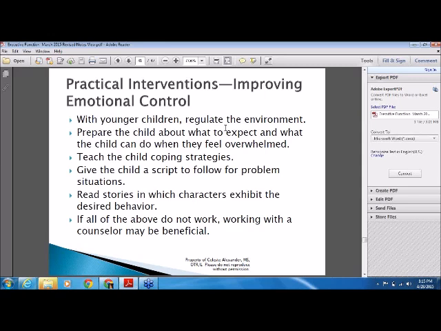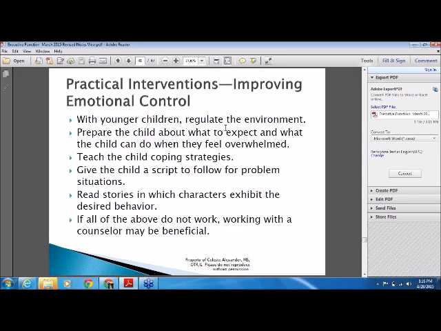Read stories in which characters exhibit the desired behavior. Do you guys know about Flex? I know anybody who's worked in Fulton County has probably heard Janine Wiskin talk about Flex social stories.